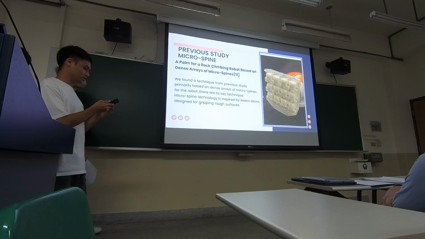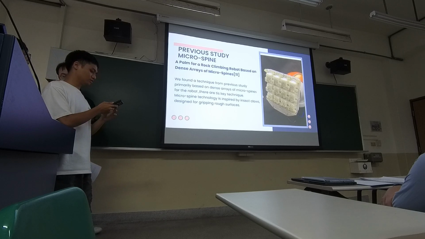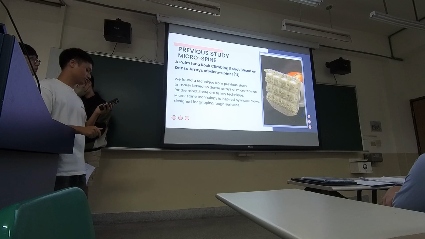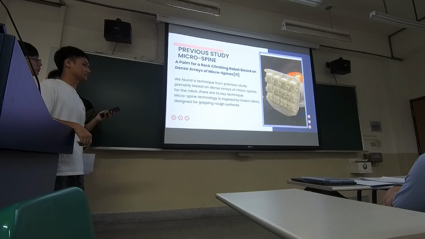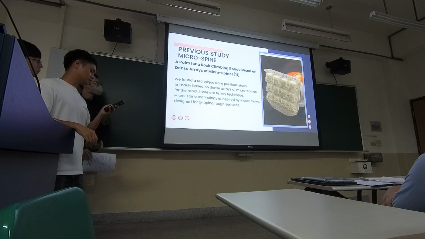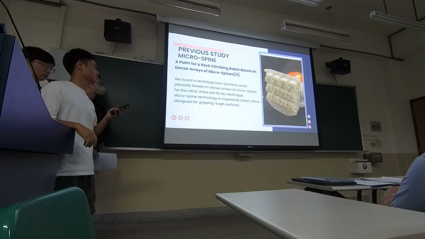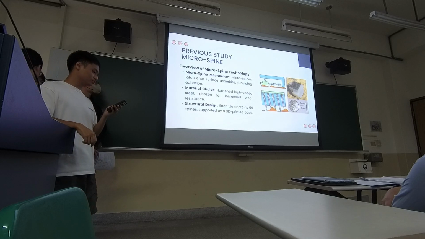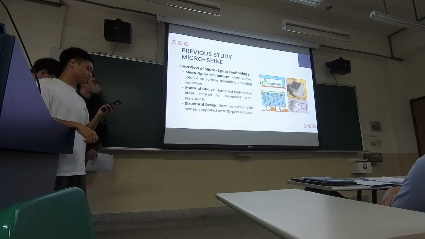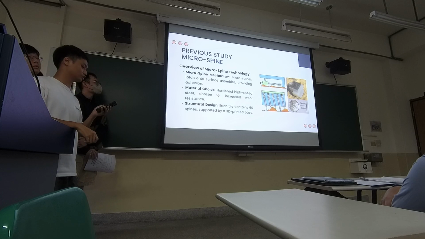And the first one we found was based on microspine technology. This technique used densely packed microspines inspired by insect claws, designed specifically for gripping rough surfaces. In this design, the microspines are key to providing the necessary adhesion for a robot to climb.